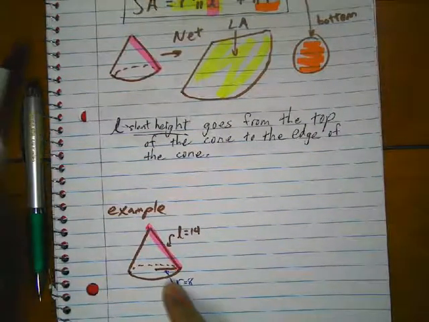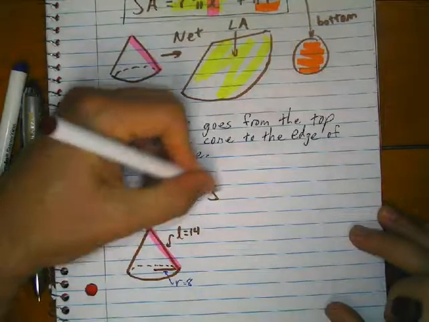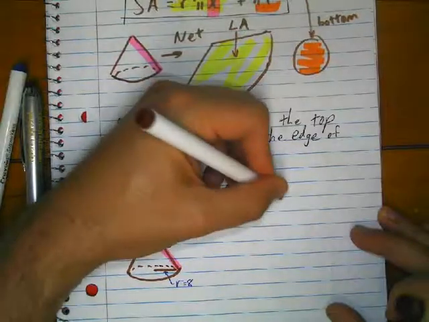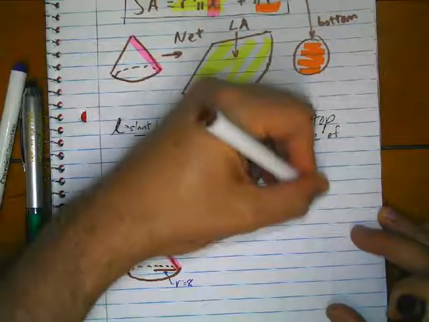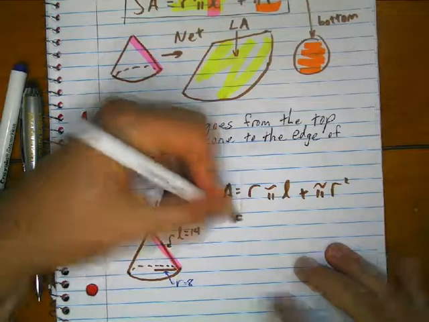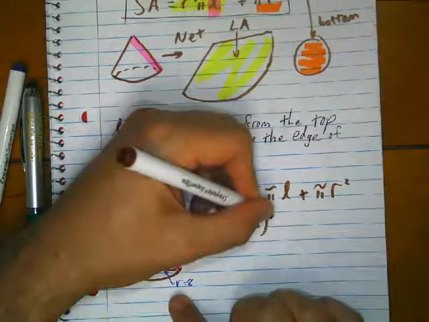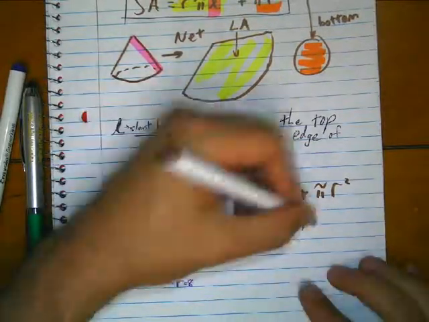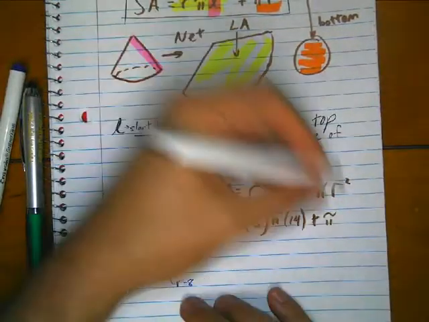Using this formula, the surface area is equal to r pi l plus pi r squared. We're going to get 8 times pi times 14 plus pi times 8 squared.